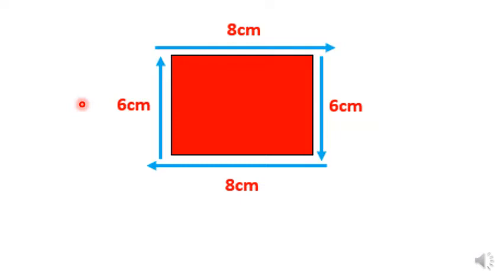So to find the perimeter of this shape, I would have to add up 8 centimetres, add 6 centimetres, add 8 centimetres, add another 6 centimetres. And that gives me 28 centimetres. And it is very, very important that you remember to put centimetres. Okay, you must put your unit of measure at the end.